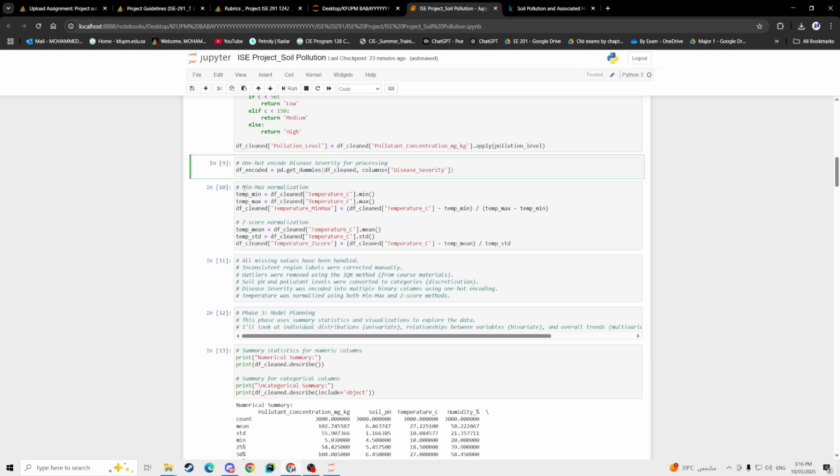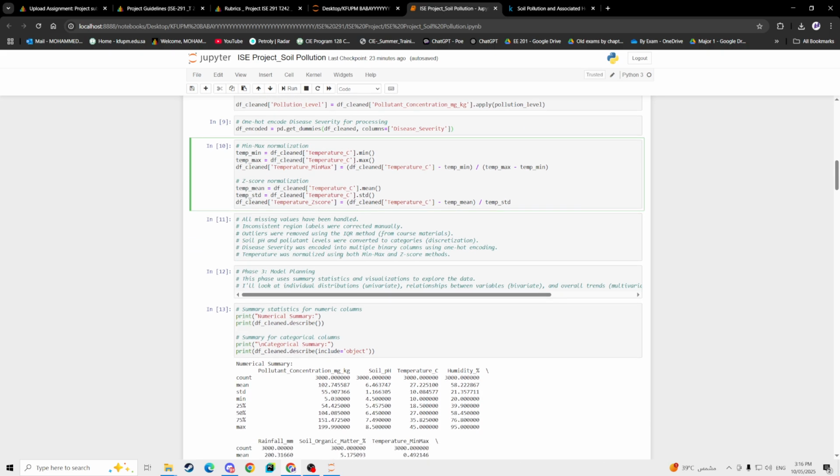I then implemented min-max normalization for temperature and z-score normalization as well for temperature for added accuracy.